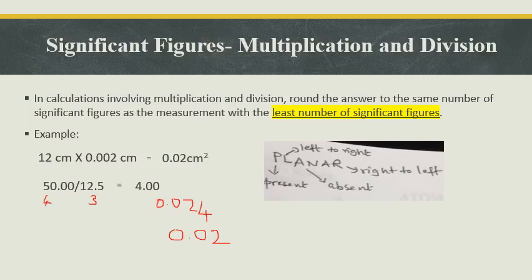I should have 3 significant digits. So I have to add 2 more zeros here, 4.00. When the decimal is present, I have to count from left to right with the first non-zero digit. So 1, 2, 3. So the answer will be 4.00, with the correct significant digits.